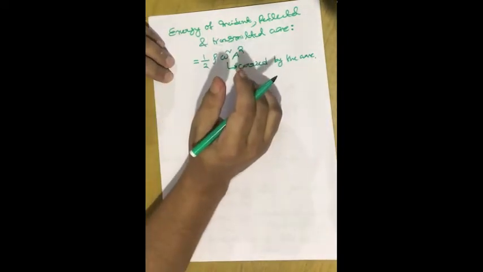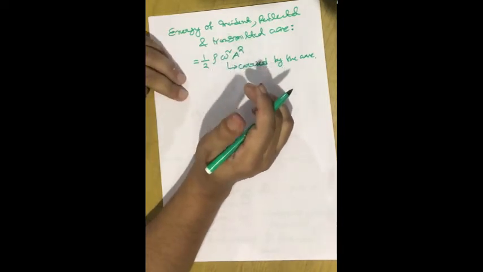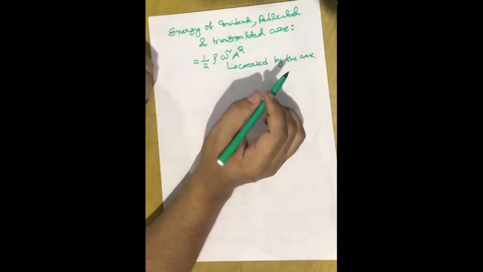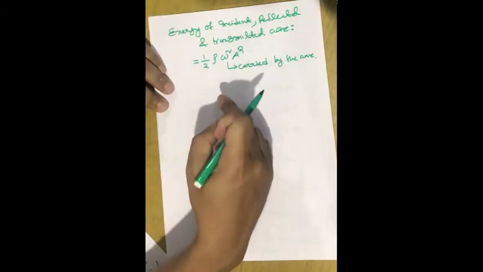Now what we are going to do is relate this expression with the impedance of the medium, the impedance of the string and the impedance of the medium through which the wave is transmitted.